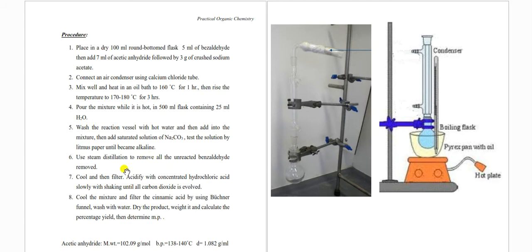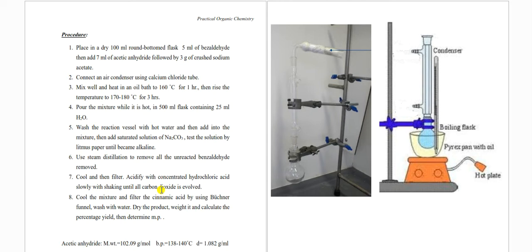If you have any solid material, then after distillation, cool the reaction mixture, filter by gravity filtration, and acidify the filtrate with concentrated hydrochloric acid, drop by drop with shaking, until all the carbon dioxide, CO2, has evolved. Of course, do the acidification of our mixture inside the hood with shaking.